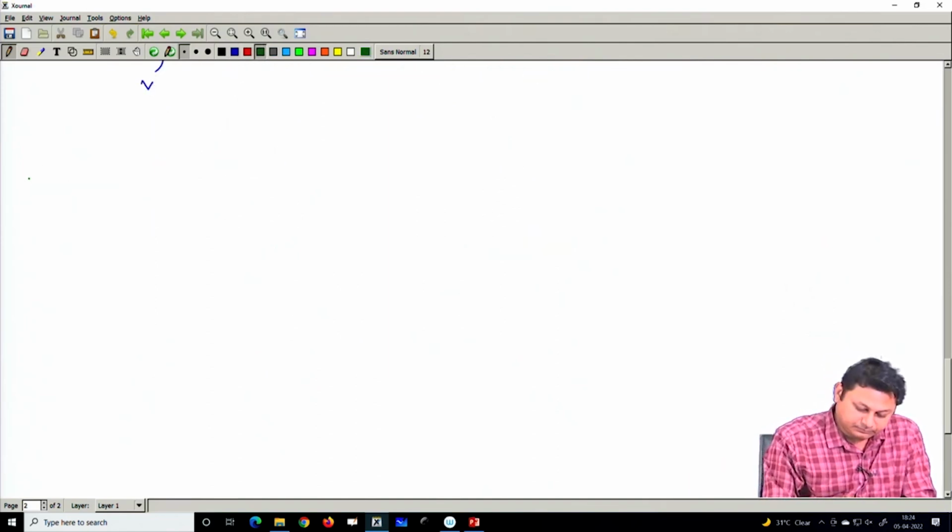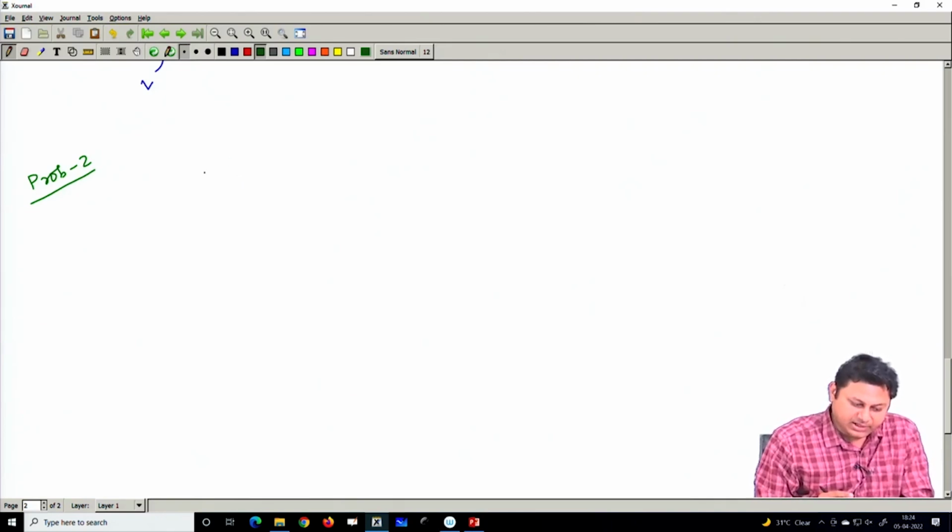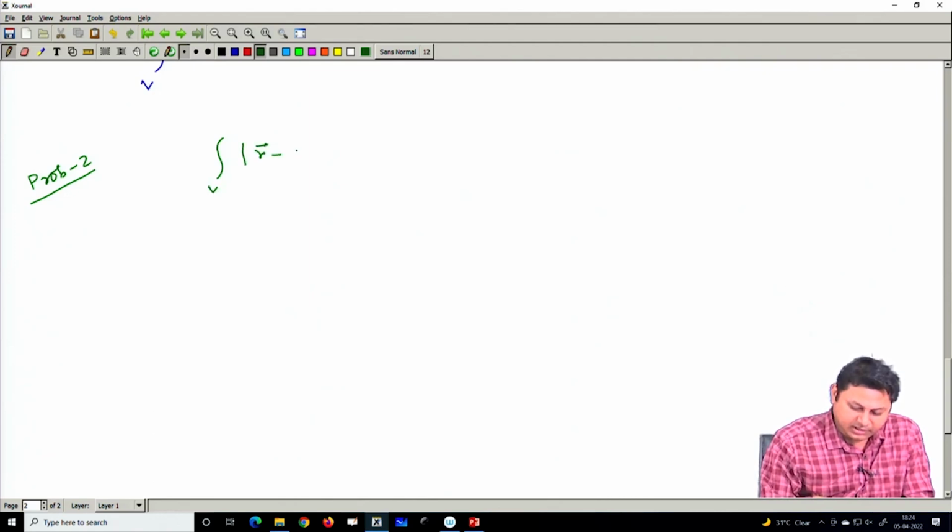Problem 2. In problem 2, we have a similar kind of problem. Here we have the integration over v of the function vector r minus vector a, mod square, and I want to evaluate delta with the argument minus 2 vector r, dv.